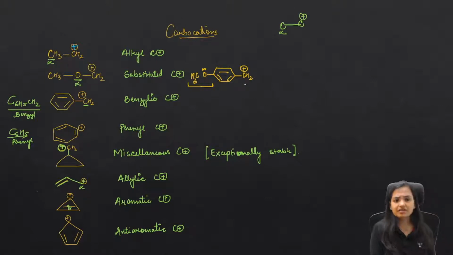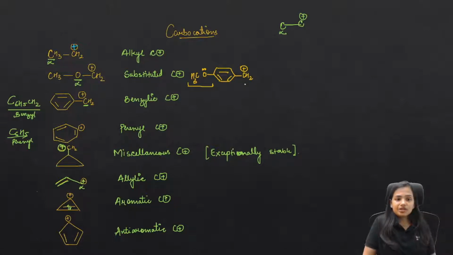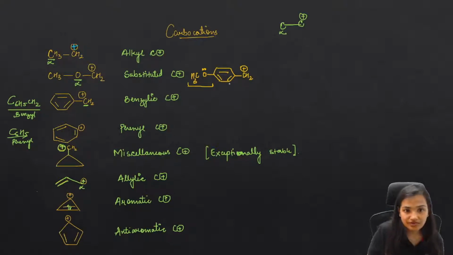Whenever we have any hetero group, whether OCH3 or NH2, or any chlorine, bromine, iodine, anything other than carbon, they are said to be substituted carbocations. Got it? So this is also an example of substituted. So these are the types of carbocations.